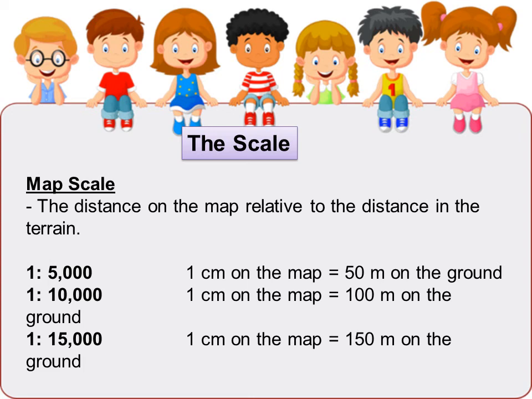It is 1 to 5,000, 1 to 10,000, or 1 centimeter on the map is equal to 50 meters on the ground. 1 to 10,000 means 1 centimeter on the map is equal to 100 meters on the ground. 1 to 15,000 means 1 centimeter on the map is equal to 150 meters on the ground.